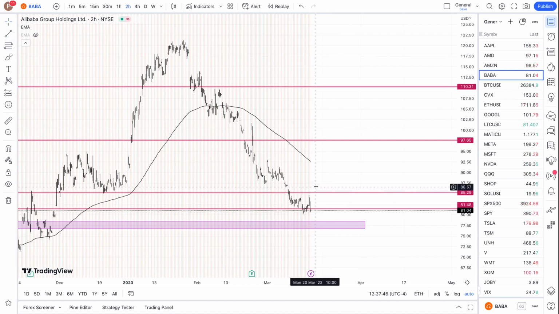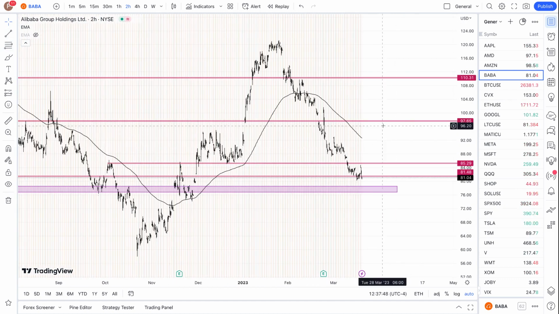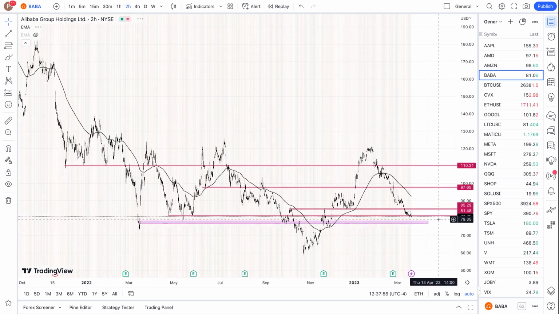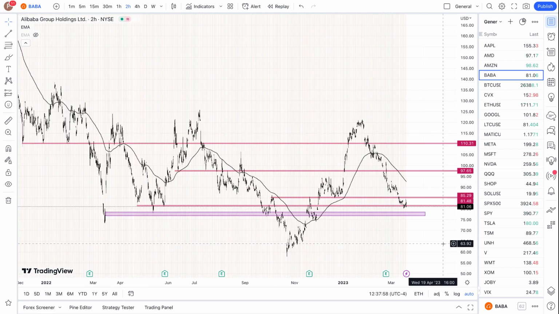So the first area of profit target would probably be 97. Take some off here because you can see it was resistance before, and then the second area would be the 110.